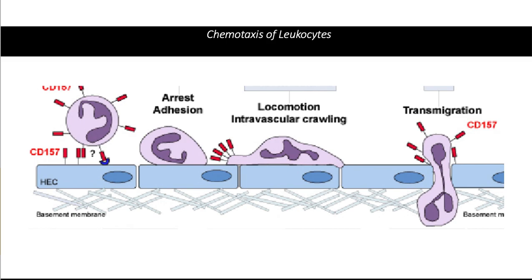All act by binding to seven-transmembrane G protein-coupled receptors on the surface of leukocytes. Signals initiated from these receptors activate second messengers that induce polymerization of actin, resulting in increased amounts at the leading edge of the cell and localization of myosin filaments at the back.